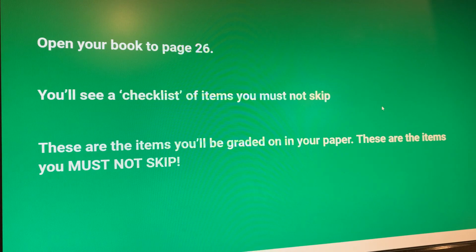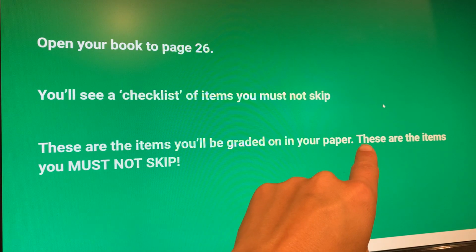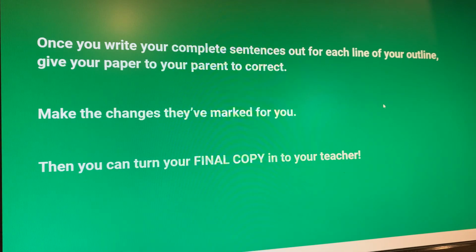So these are items that you're going to be graded on in your paper. These are items that you must not skip. And once you write your complete sentences out for each line of your outline, you're going to give your paper to your parent to correct, and you're going to make the changes they've marked for you. And then you can turn your final copy in to your teacher.